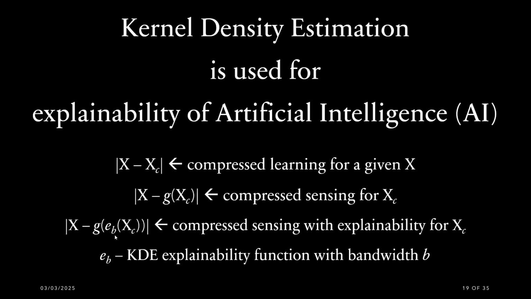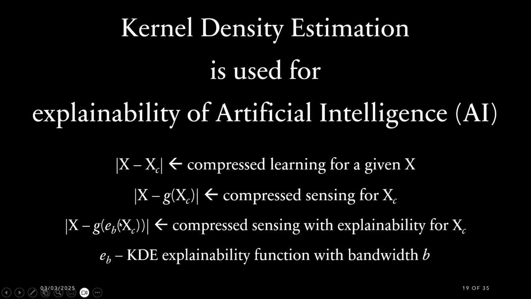Just to get a very clear picture, as you can see, if you do x minus xc, that's the difference between the original and the compressed domain, then that's compressed learning. But if you use the G function for the sensing, then that becomes the compressed sensing part. This is the essential part that we need to reconstruct it.